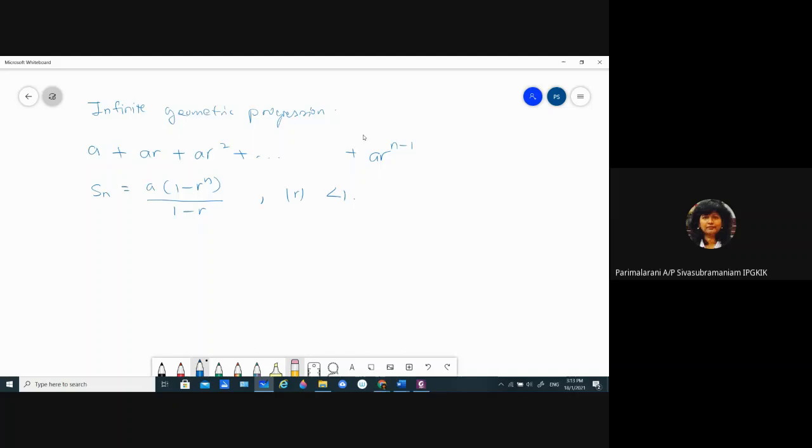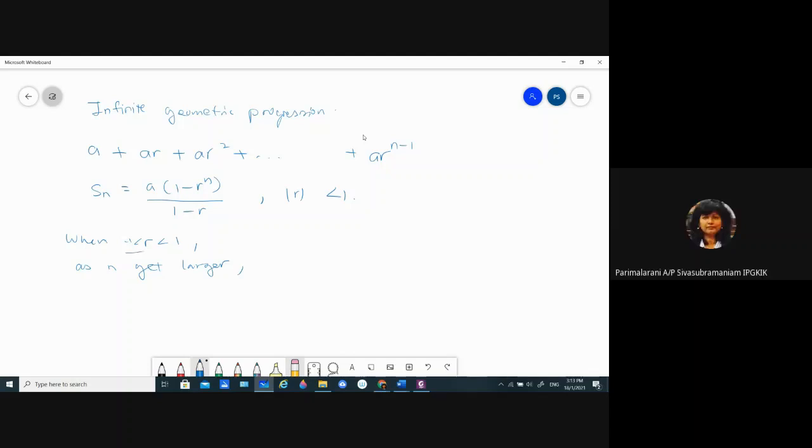We know this. So when R is between -1 and 1, what happens as n gets larger? What happens to Rn when n gets larger?